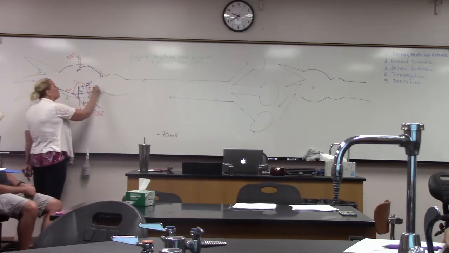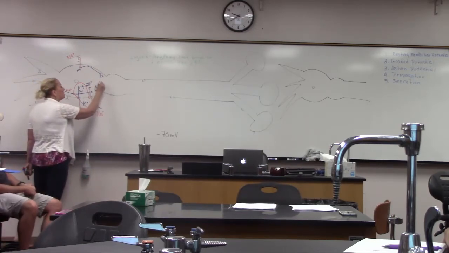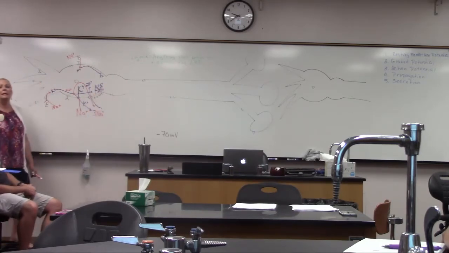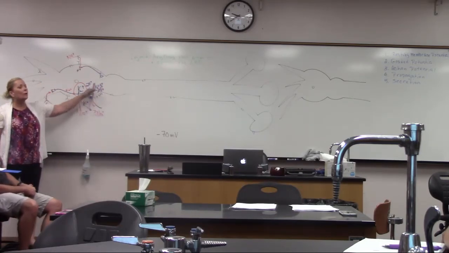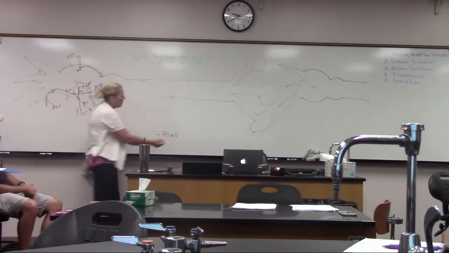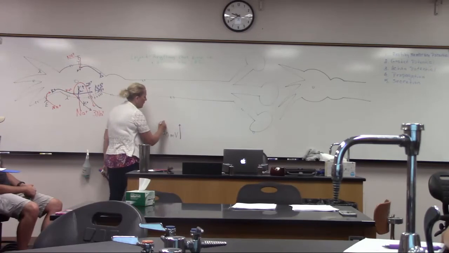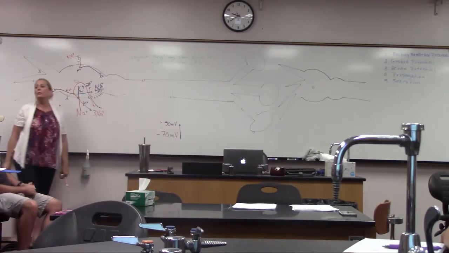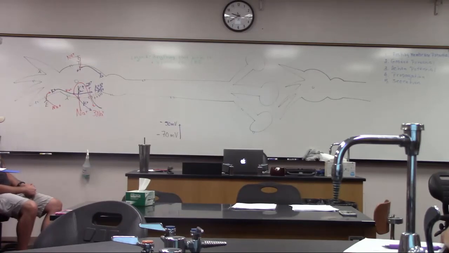And so you're going to start to get this buildup of potassium here. And this buildup of potassium right in this region is going to change the voltage. We're going to go from minus 70 millivolts up to minus 50 millivolts, which is our trigger voltage to start an action potential.